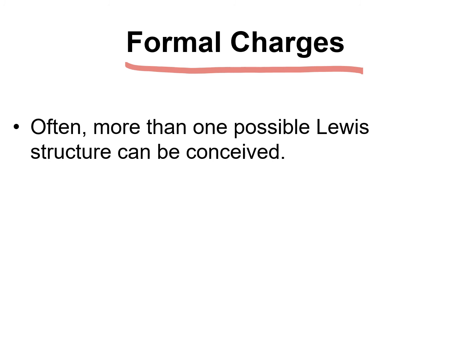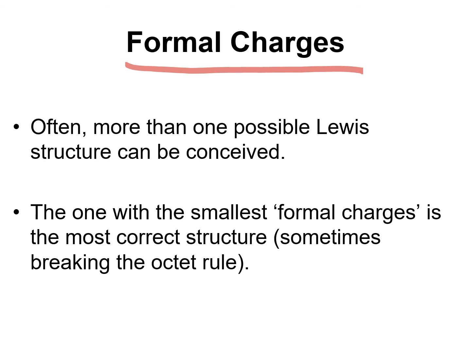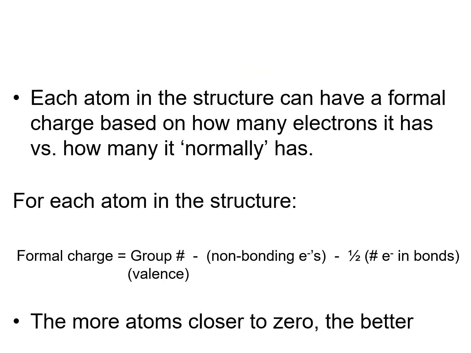If you have a structure that has like 8 bonds around hydrogen, that's not going to be very stable. So the one with the smallest formal charges, and this is a system for checking for stability essentially, is going to be a more correct structure, even though it may break the octet rule.